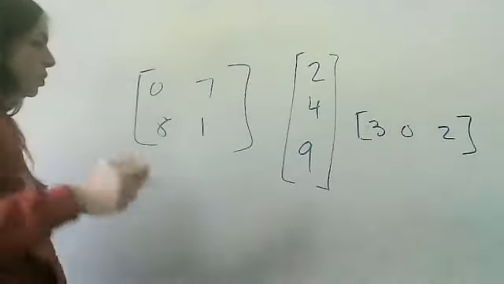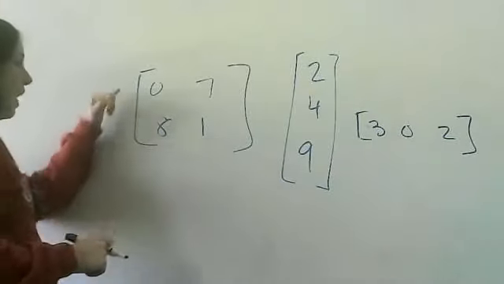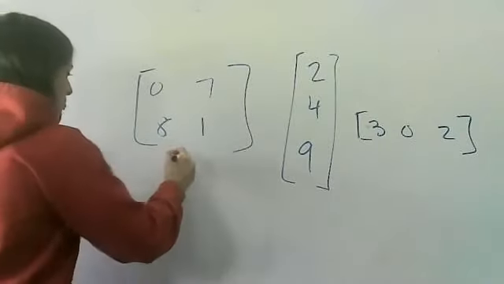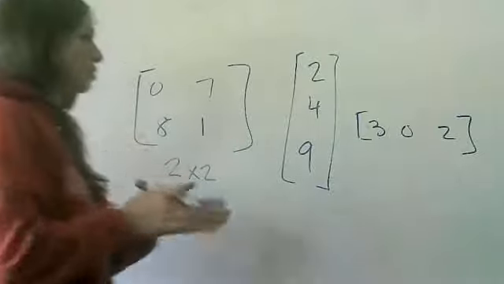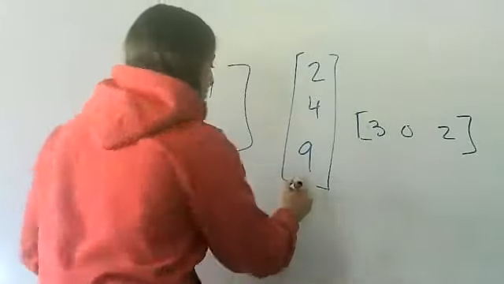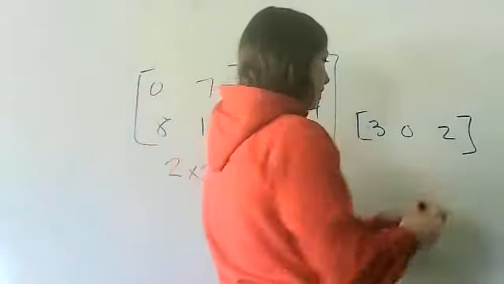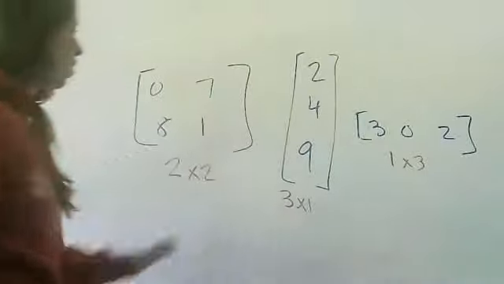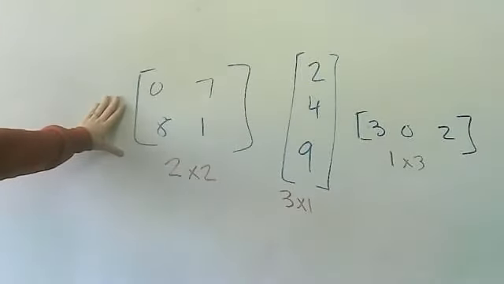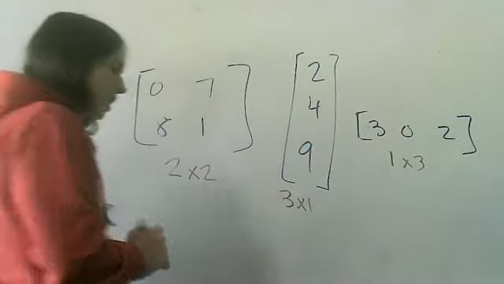I want you to try to label these by their dimensions. This first one, I have 2 rows, 2 columns, so it would be a 2 by 2 matrix. The next one, I have 3 rows, 1 column, so this would be a 3 by 1. 1 row, 3 columns, so 1 by 3. Out of all of these, this is my only square matrix because it was the only one with the same rows as it has columns.